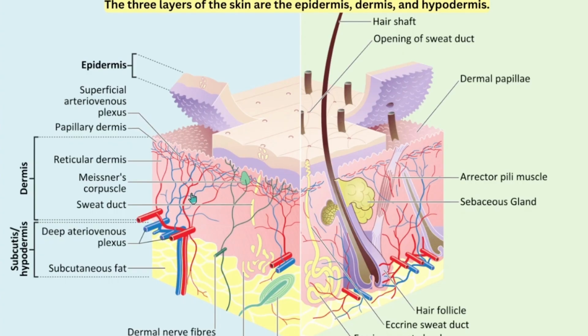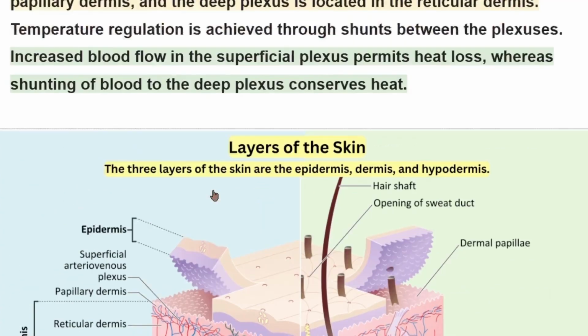The shifting of blood to the superficial arteriovenous plexus, which is located in the papillary dermis, leads to heat loss, and the shift of blood from the superficial to the deep arteriovenous plexus leads to conserving heat. And the deep arteriovenous plexus is located in the reticular dermis.